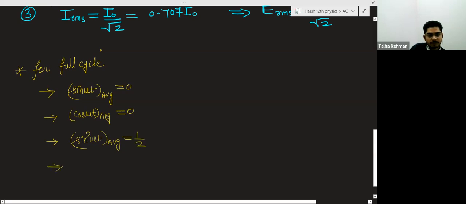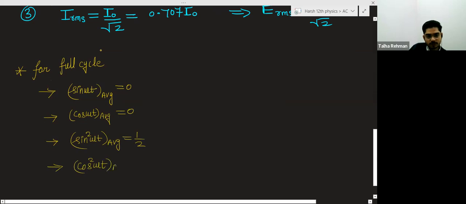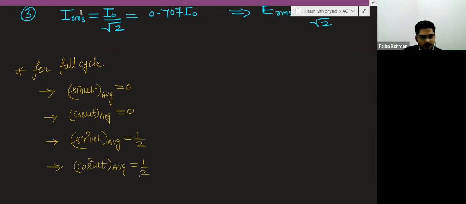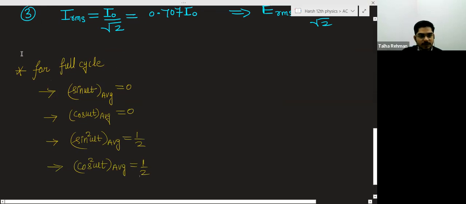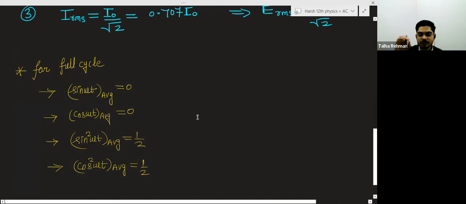If you are calculating the average of cos square omega t for full cycle, then again you will get half. By using this concept, the question will be very, very easy.